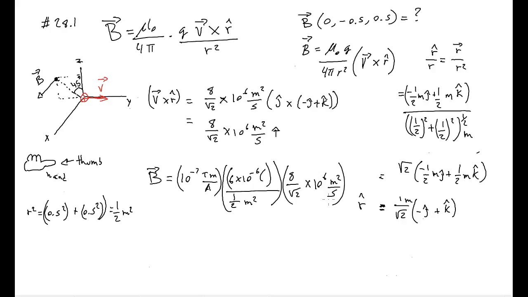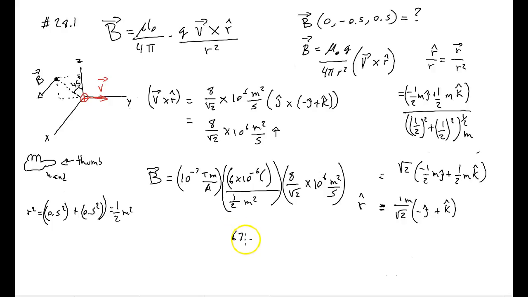Somebody do this for me. 96 divided by the square root of 2 is 96 divided by 1.41. It's going to be 67.8. Yeah. Okay, 67.8 times 10.